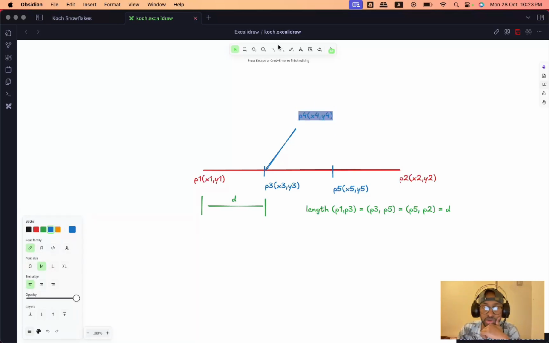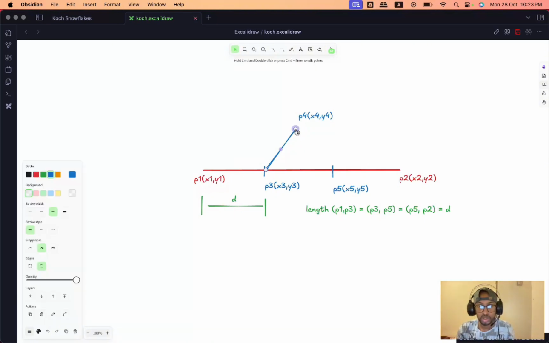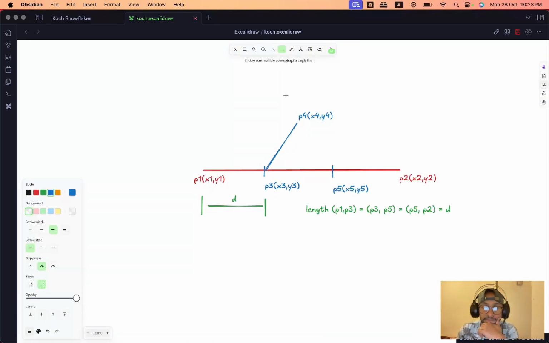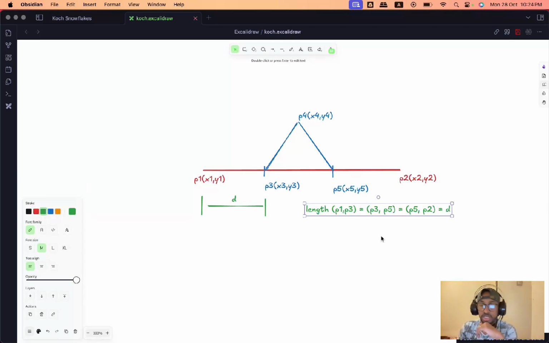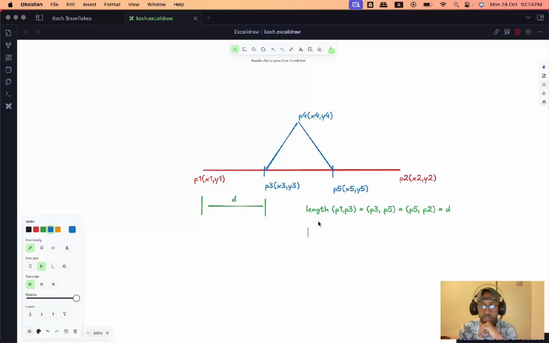This point P4 will create an equilateral triangle with the points P3 and P5, and the length from P3 to P4 is again equal to D. So the length from P3 to P4 is equal to the length from P4 to P5.